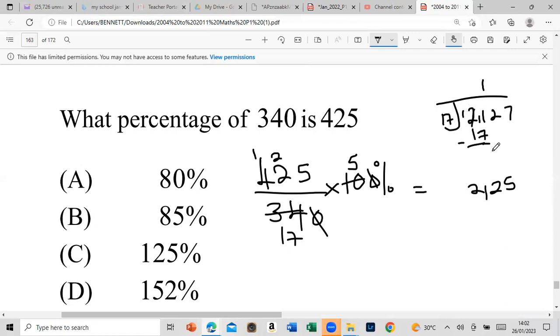So this is 4, right? Carry down the 2. 7 into 42 goes 2 times. Okay, so it's 125. Once I get 1, 2, guys, we could work it down further though. I'll put it at first.